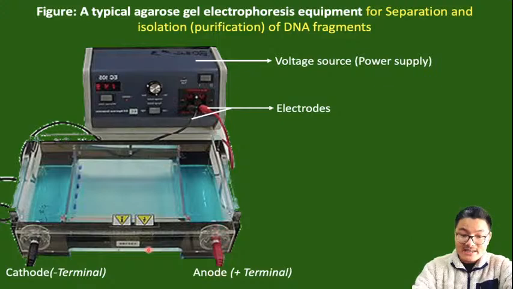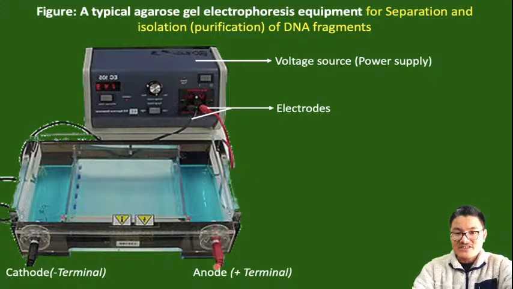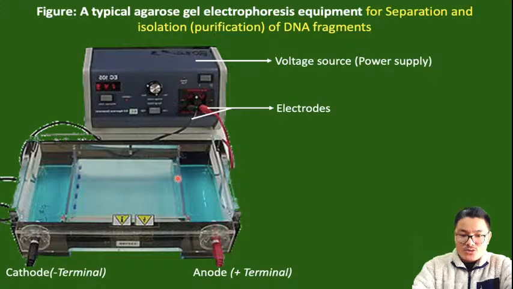You should remember that the cathode is the negative terminal and the anode is the positive terminal in this equipment. Now these two electrodes are usually connected together with the help of buffer.